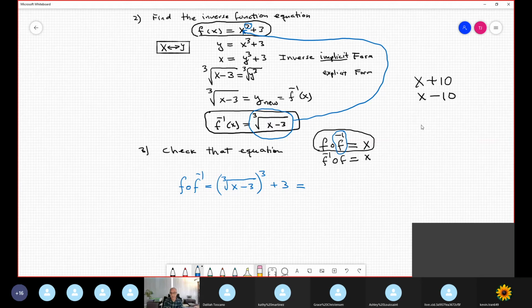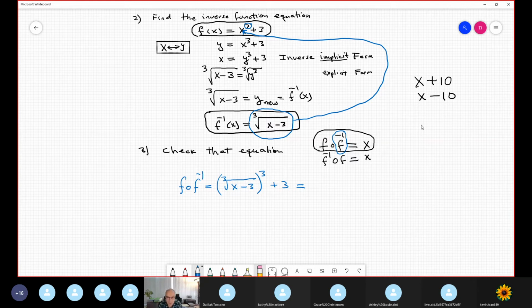I put the inverse function, totally, inside the original function. Let's see what happened. Well, the cubic power and the cubic root cancel and stay x minus 3 plus 3. Wow. And 3 minus 3 is 0, identity function. Super. I proved that.